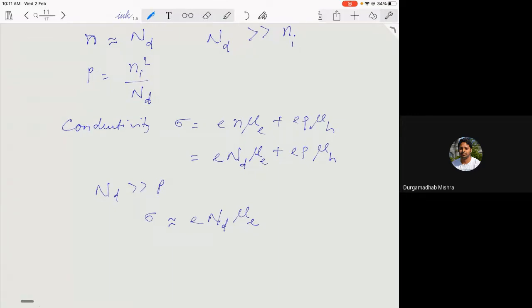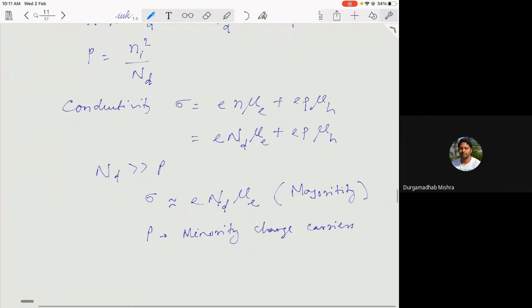So this is sometimes known as the majority charge carrier. In n-type, it is the electron, and the holes, this p, are known as the minority charge carriers. So this is when we are talking about an n-type semiconductor.